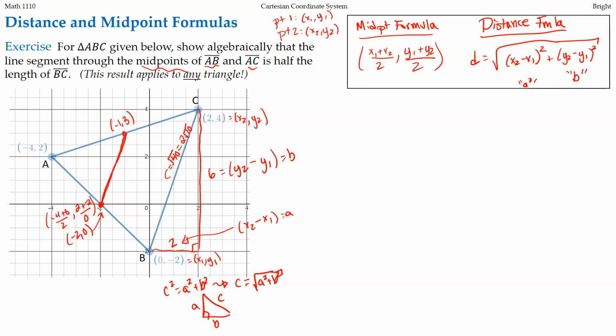We just developed the distance formula and the midpoint formula. Great. So I know that BC has length 10, but I still need to find the length of this other line segment.